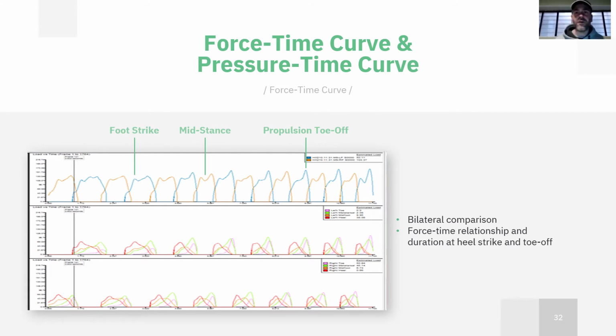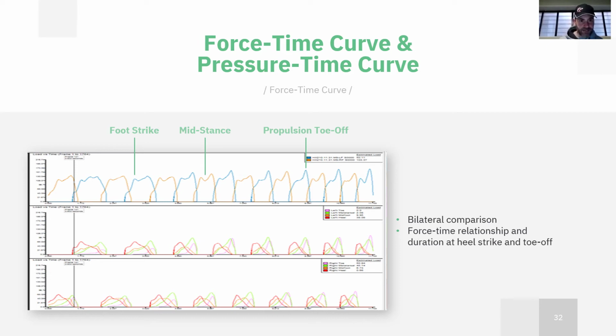The third type of data set to look at is the force time curve and pressure time curve. As movements occur over time, most of the analyses are related to movement relevant time intervals. In this case, we are looking at force time curves and pressure time curves. Let's look at the graph shown in the slide.